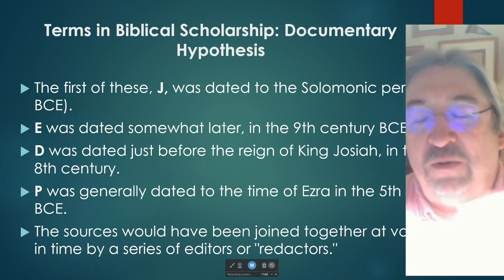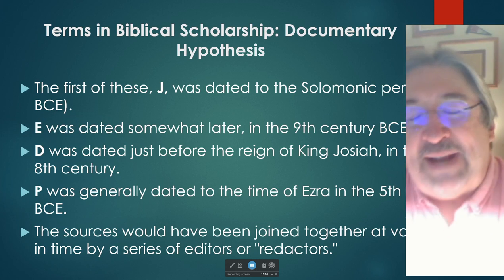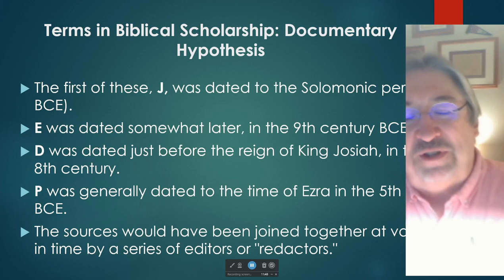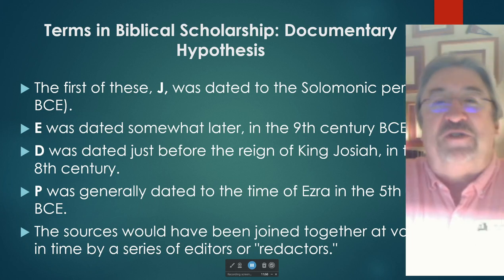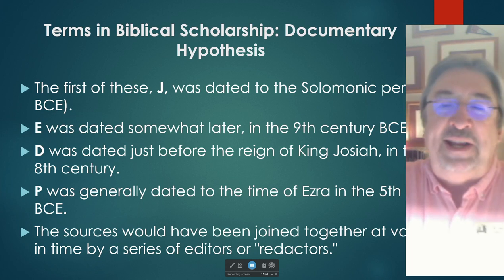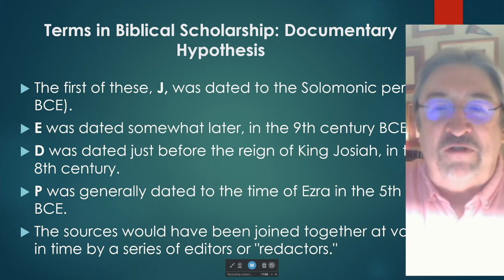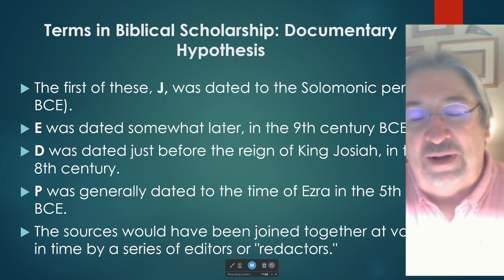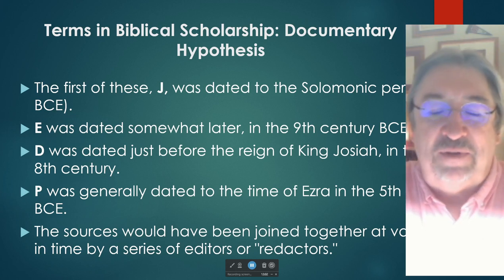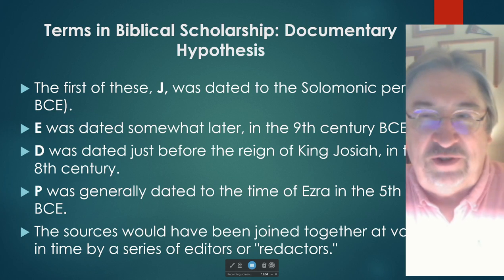Okay. So what that basically says is that the oldest source, the Yahvist, is around 950, roughly 1,000 years BCE. And it was around for at least probably 100 years or so before the Elohist source.